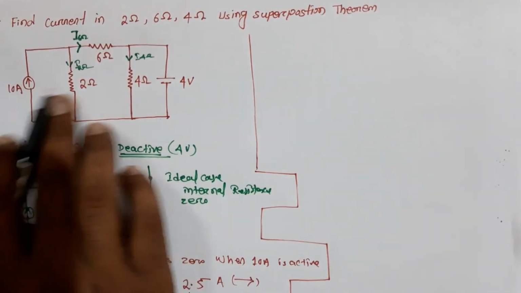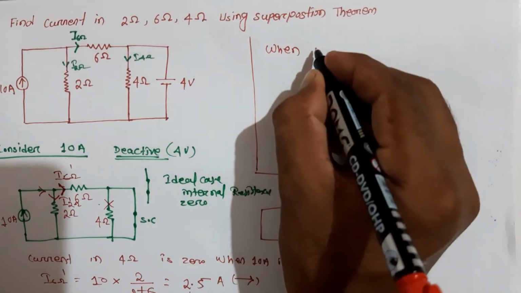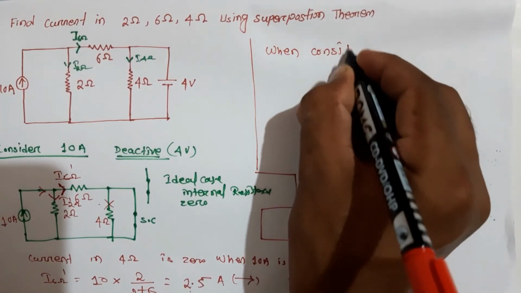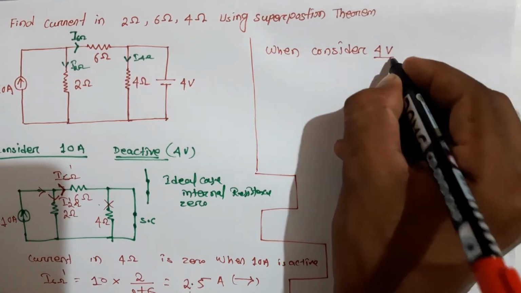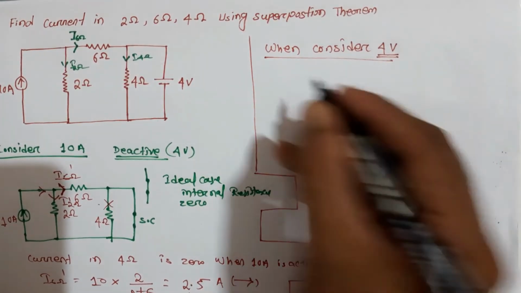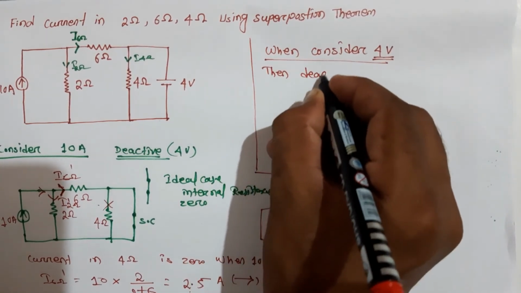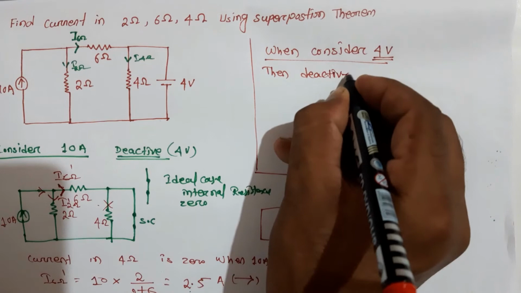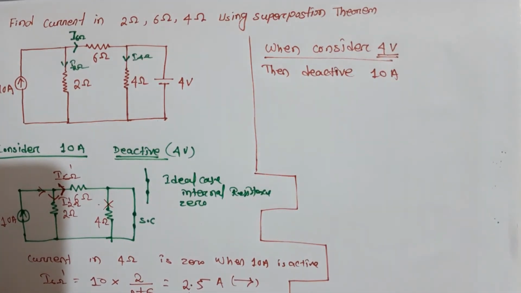Then next, when we consider the 4 volt source, we deactivate this 10 ampere source. Deactivate means replace with its internal resistance.